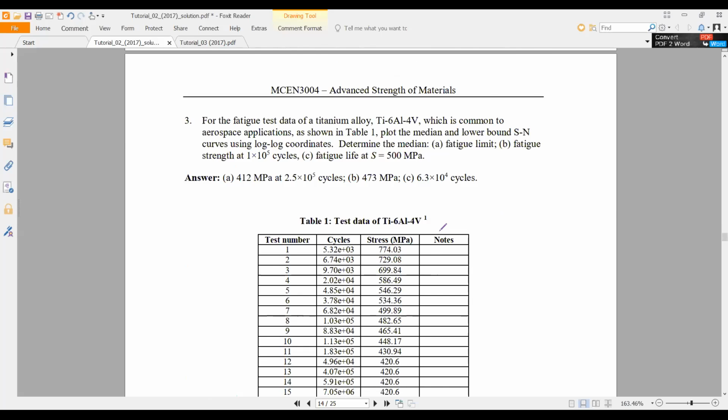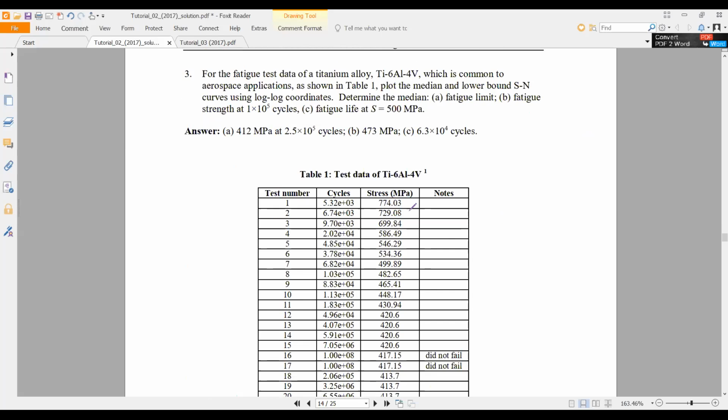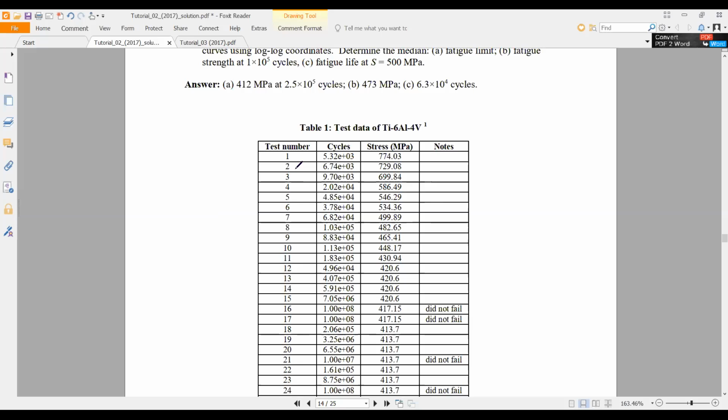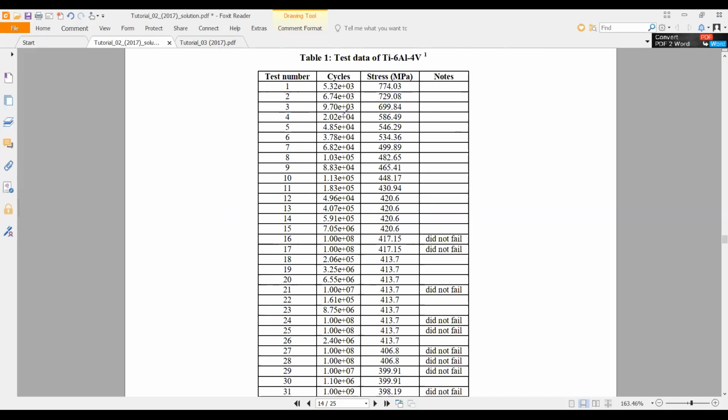And in the third question, what they did, they have the data, real data points. They did 36 tests, and they found the stresses with the number of cycles.